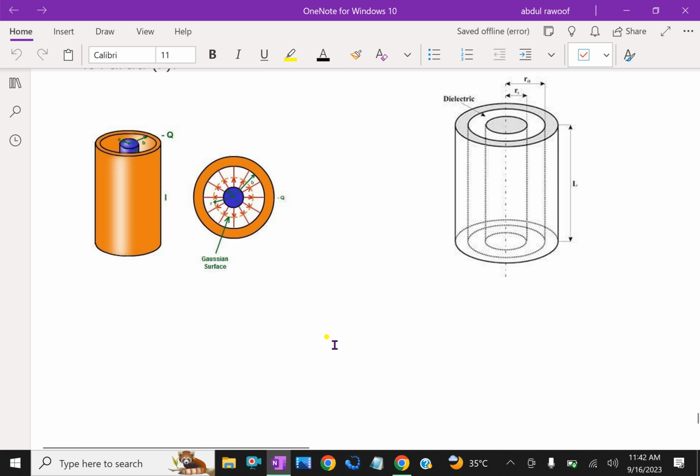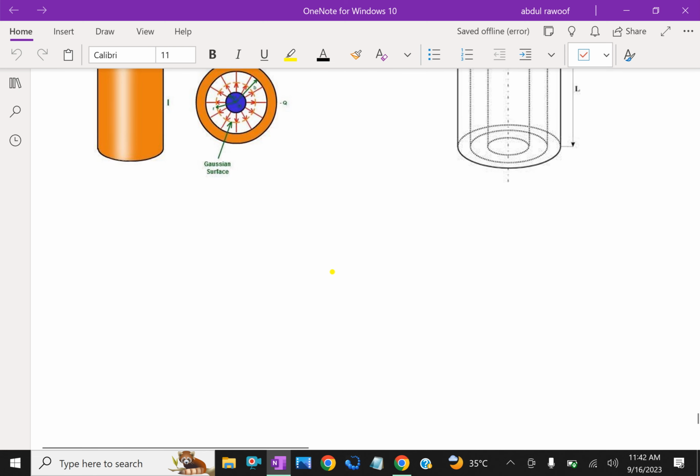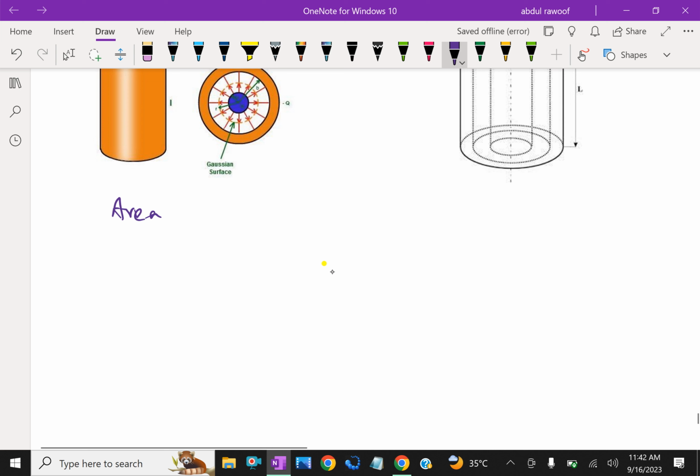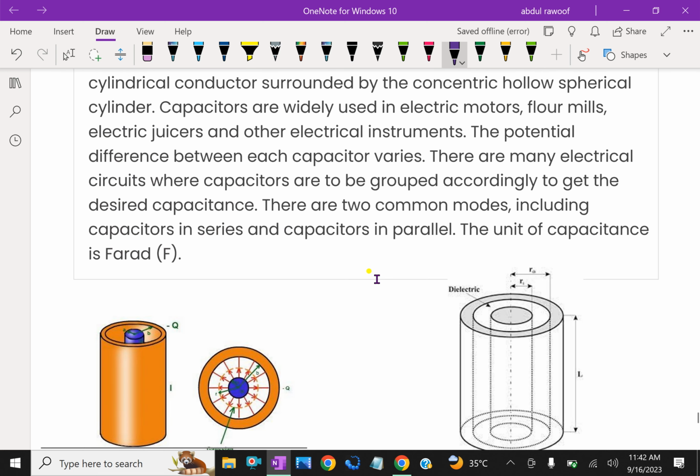The outer cylinder is earthed. Now, the area of the curved surface at a distance x is equal to 2 pi x into 1 meter height, which is equal to 2 pi x meter square.